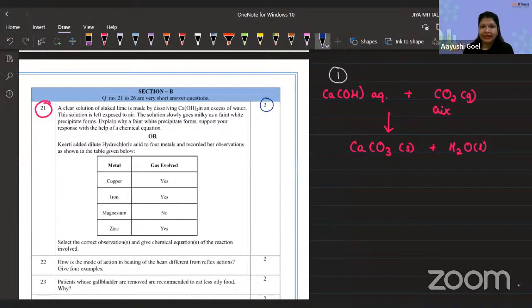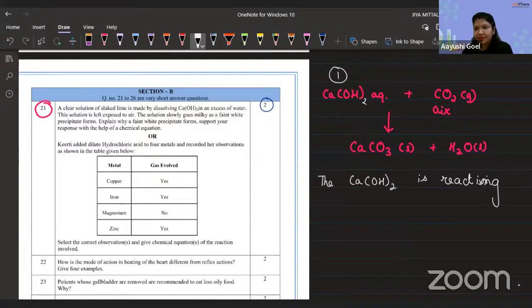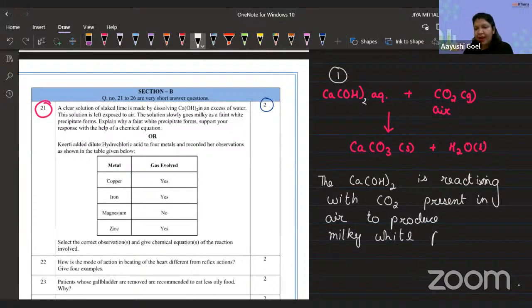And what should be there? Calcium hydroxide is reacting with carbon dioxide present in air to produce milky white particles, that is calcium carbonate.